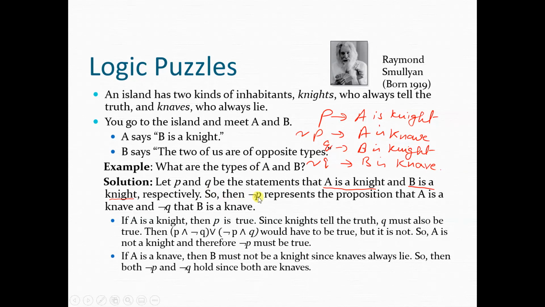So then there are two possibilities. First, let's assume that A is knight. Now, since A is knight, and knights always tell truth, then this statement that B is knight is true.